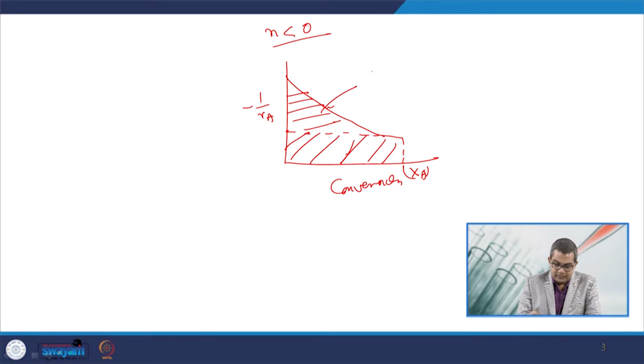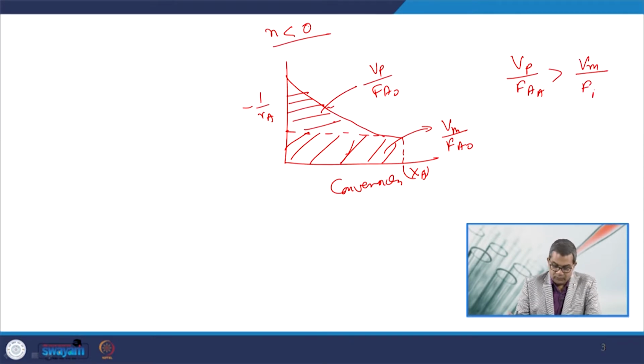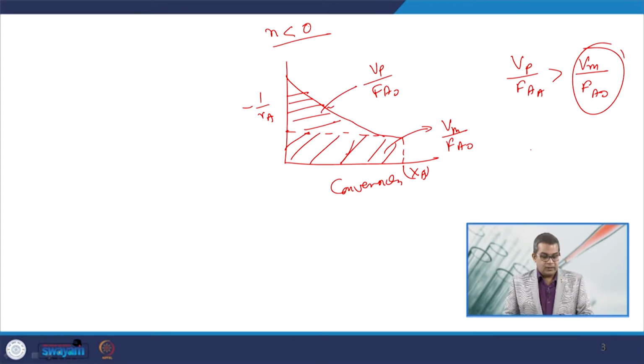This is represented by this one and this is represented by this one. So, here V_p upon F_A0 is greater than V_m upon F_A0, where V_p is the volume of the plug flow reactor and V_m is the volume of the mixed flow reactor. So, in this approach the mixed flow reactor is termed to be the best one.